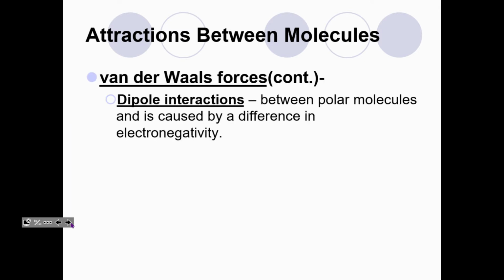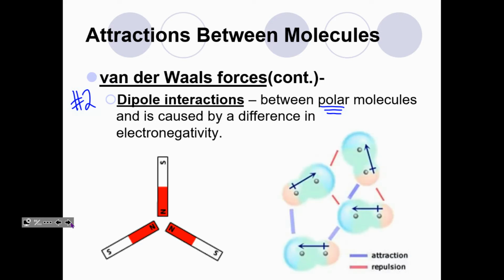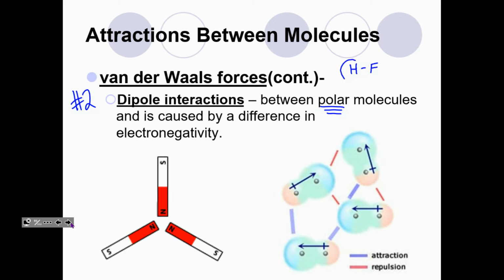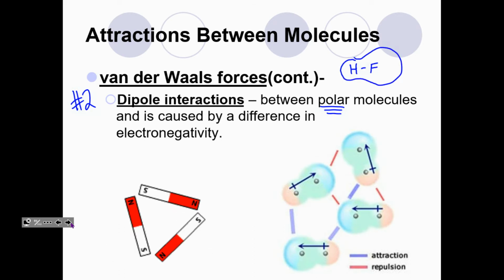The second attraction that falls underneath van der Waals forces would be dipole-dipole interactions. These are going to be between polar molecules, and remember that polar is caused by a difference in electronegativity. So we take a look at the picture here. We're going to have a molecule like HF, where the sharing of electrons is unequal.